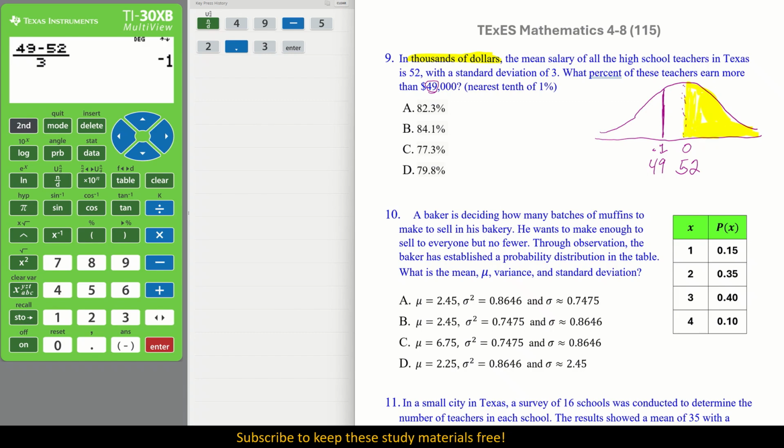Okay. And we know that this from 0 to -1 is half of 68.3, or it could be 68.2. They always move that around, or rather move that decimal point either to 1 or 2 or 3, whatever.